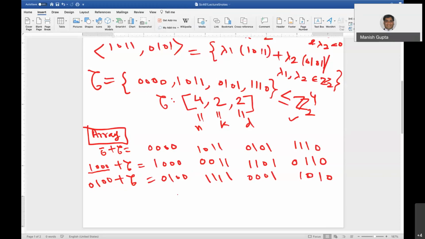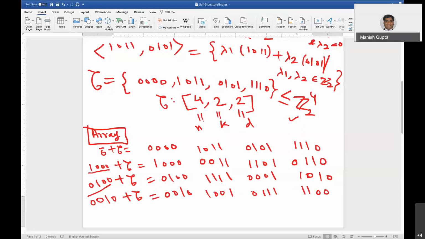Okay, that's good. Now look at another vector, also a vector in Z2 raised to power 4. Take 0 0 1 0 plus C, and see what happens. The first vector will be 0 0 1 0. The second vector will be 1 0 0 1. The third vector will be 0 1 1 1. The fourth vector will be 1 1 0 0.